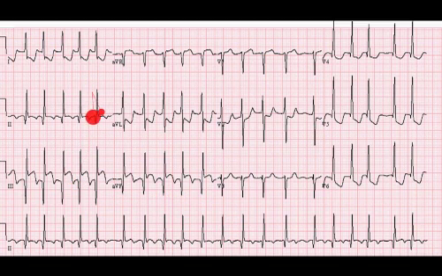So this is a person with an established inferior myocardial infarction, and it's far into this infarction because there's already a Q wave. So this is acute or evolving inferior myocardial infarction.